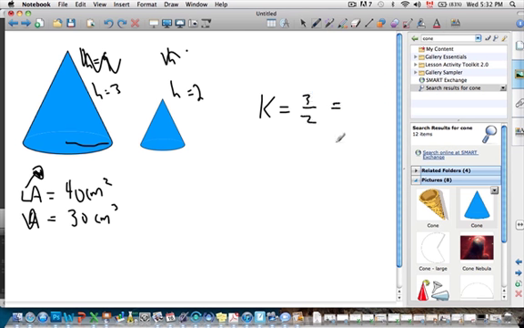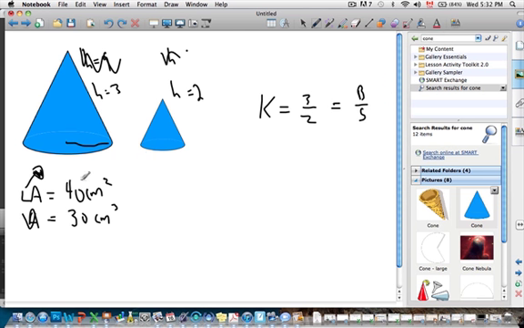But we're going to say 3 over 2, which is big over small. It's important to know whether you're doing big over small or small over big, because later on that will matter, whether you multiply or divide. So k is equal to 3 over 2.